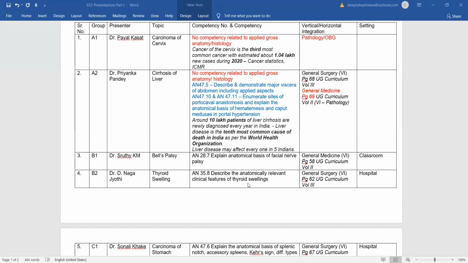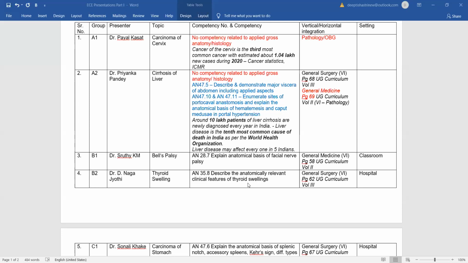Dr. Priyanka took up portocaval anastomosis as one of the features. If you go to that, there is a competency for it, AN 47.10 and AN 47.11, which mention the competency as enumerate sites of portocaval anastomosis and explain the anatomical basis of hematemesis and caput medusae in portal hypertension.